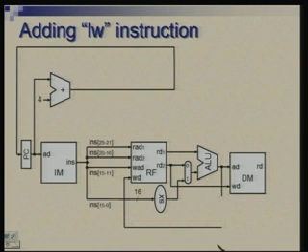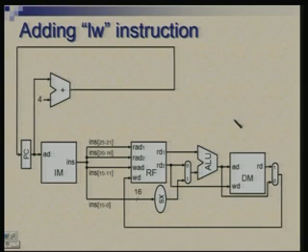So, first of all, we have this line going to WD, the write data of the register file. We have broken this here, so that we can take this and put a multiplexer. There are two options now, and they need to be joined with a multiplexer.